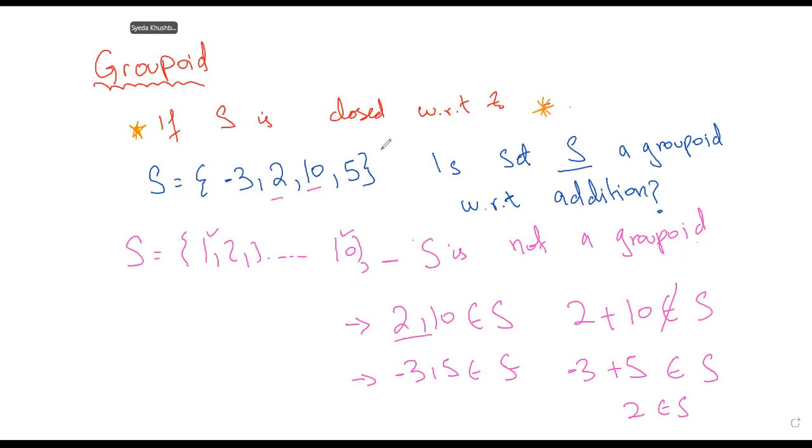But what if I say that the set only has -1, 0, and 1? What about this case?